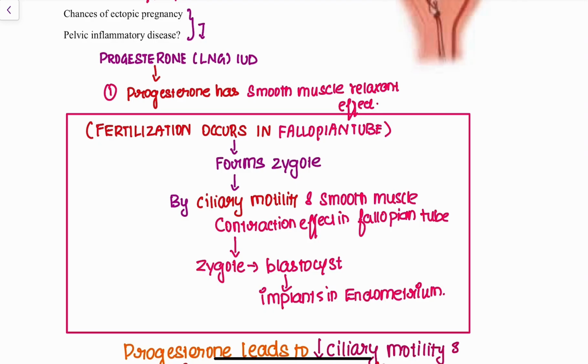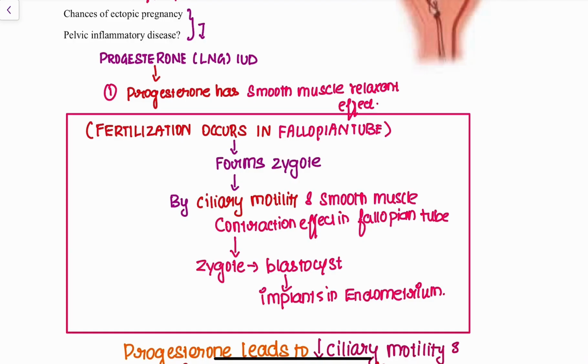The zygote becomes a blastocyst and gets implanted in the uterine endometrium. So what are the two important factors for implantation? The smooth muscle contractile effect of the fallopian tube and the ciliary motility of the cilia present in the fallopian tube.